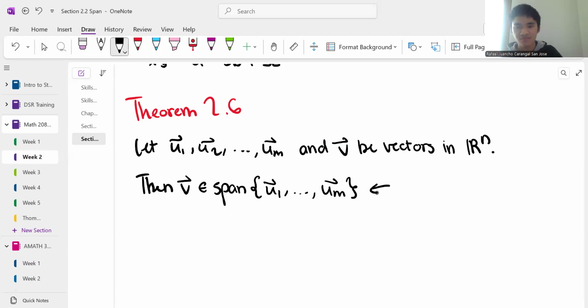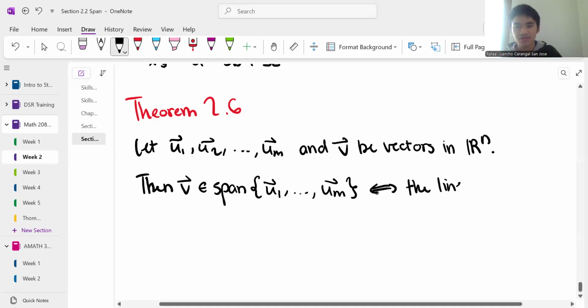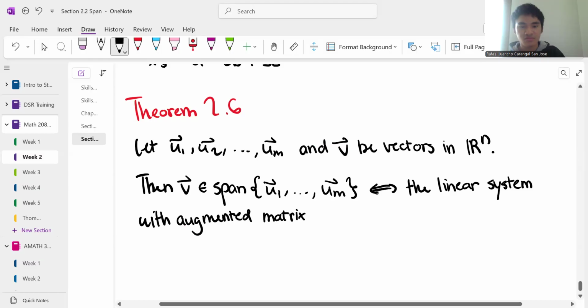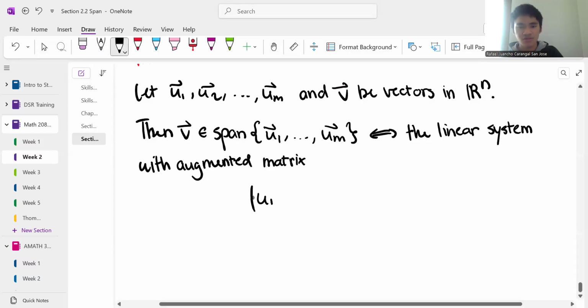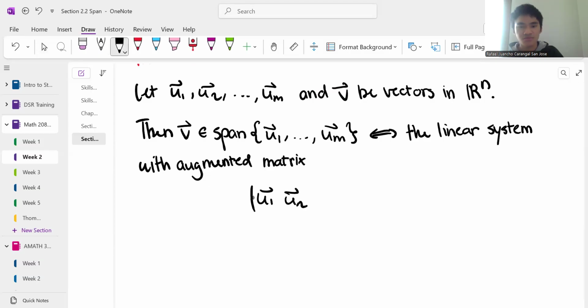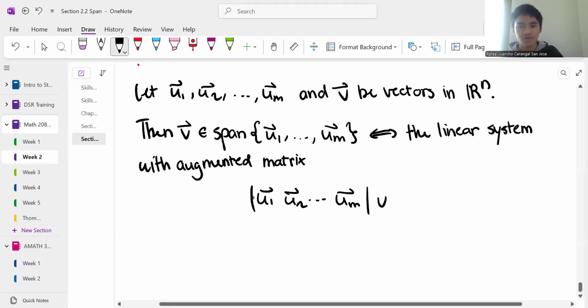If and only if the linear system with, or it has this specific row in an augmented matrix, u sub 1, u sub 2, all the way to u sub m is v.